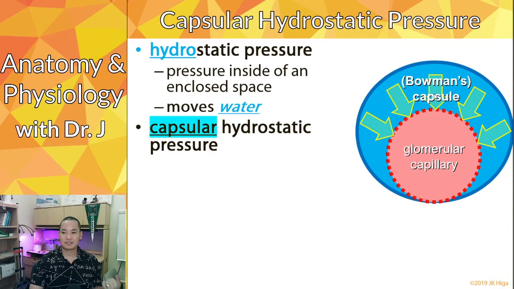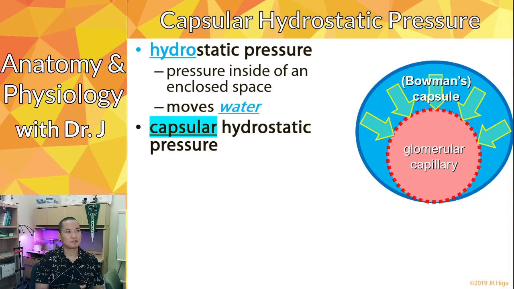It's kind of like, in the before times, or hopefully the soon times, if you try to go from one room into an already crowded room, it's very hard to push your way into a place that's already crowded, right? Same thing with the Bowman's capsule. There is fluid and water already in the Bowman's capsule, and that existing fluid will push back a little into the glomerular capillary.